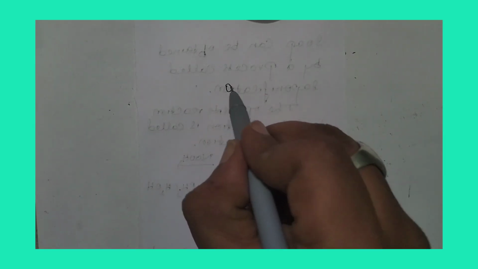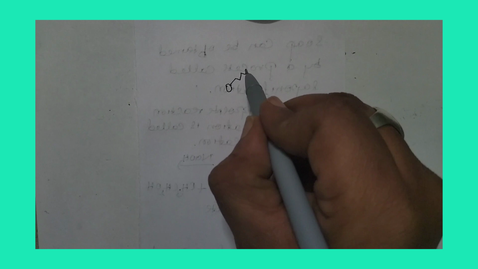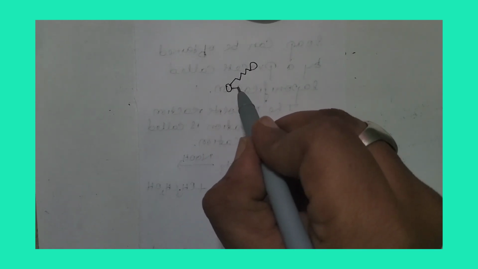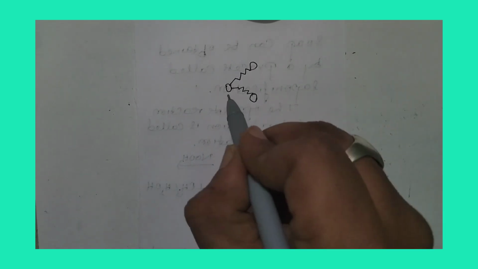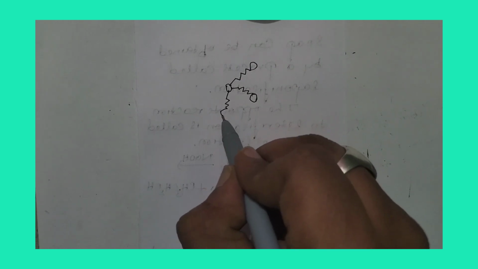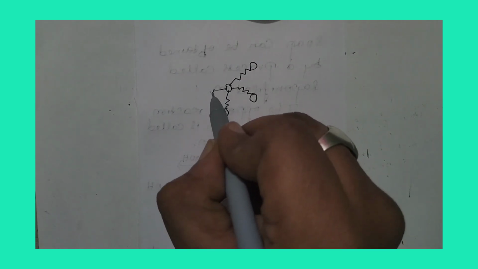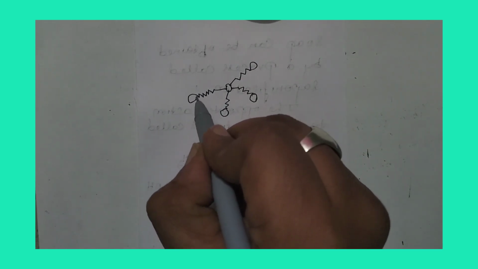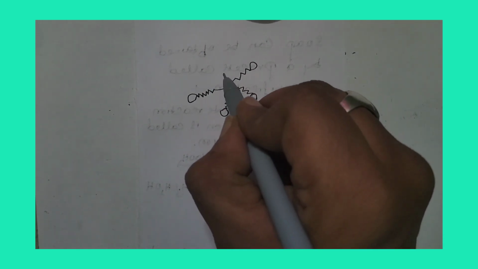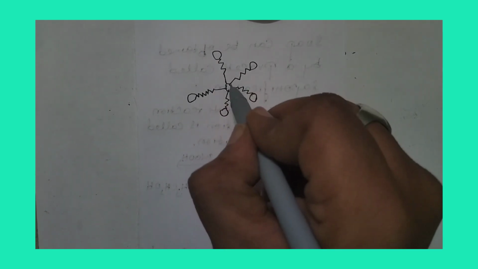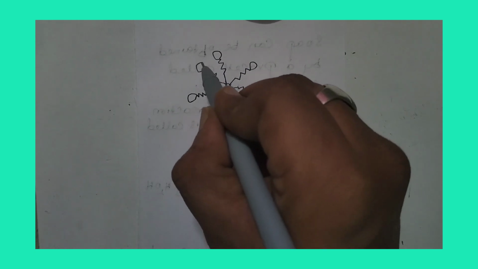This is the dirt. This cluster of soap molecules is called a micelle.